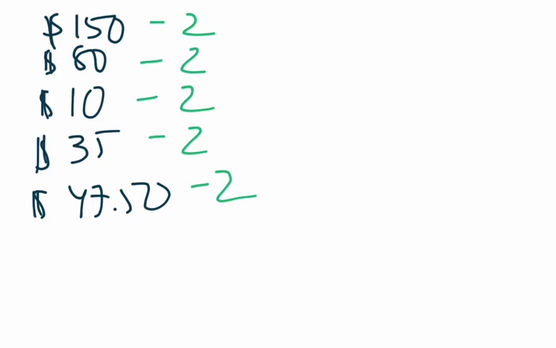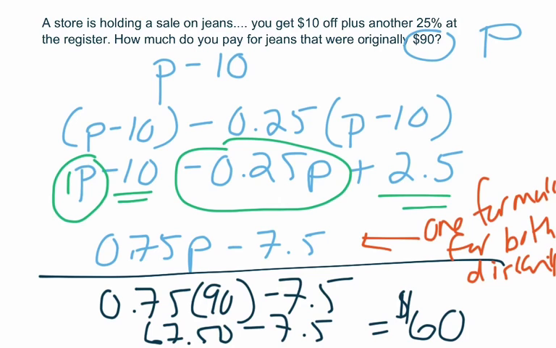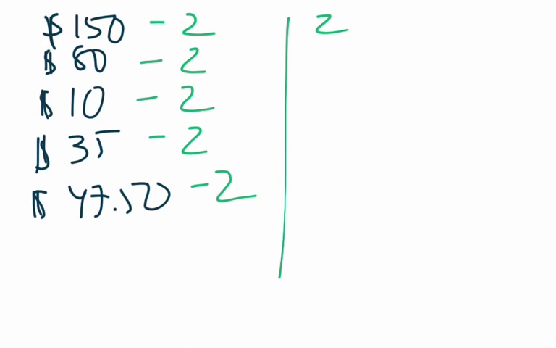If you do the composition, you're going to have to come up with the formula and then plug it in. But once you have the formula, you will only be doing one calculation.